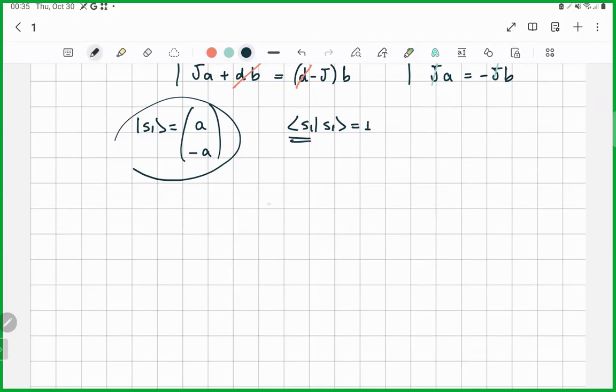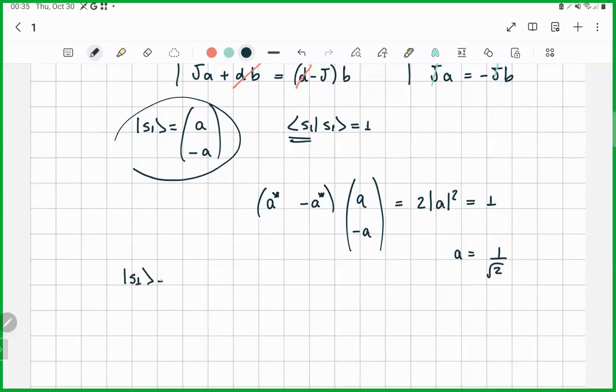And the bra is the line with the complex conjugate. And the ket, A and minus A. If we do this inner product, we get twice absolute value square of A equals to 1. So we find that A is 1 over square root of 2. Okay? So our eigenfunction S1 is 1 over square root of 2, 1 minus 1.